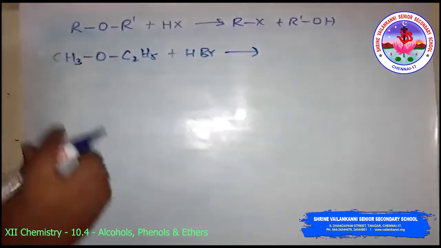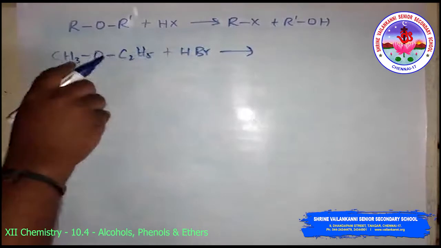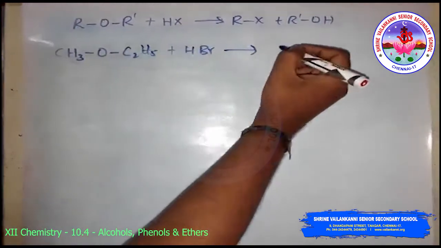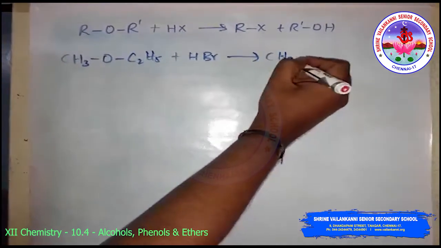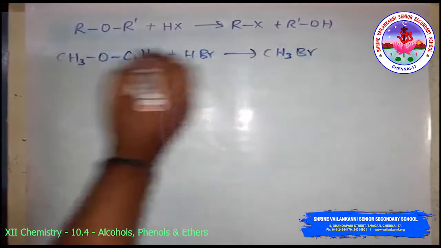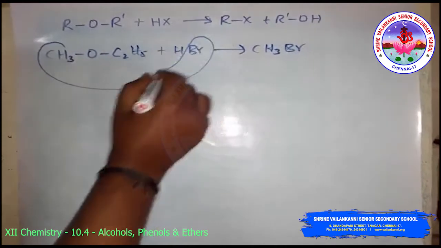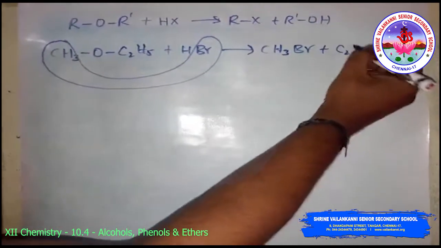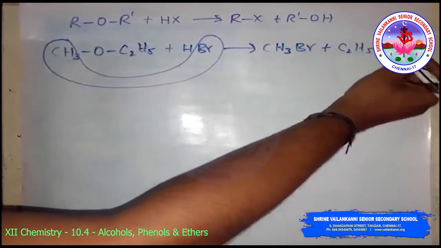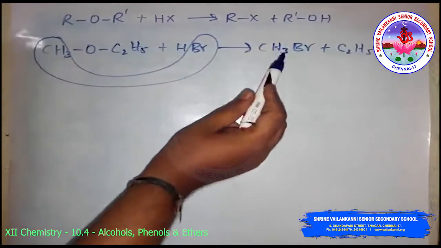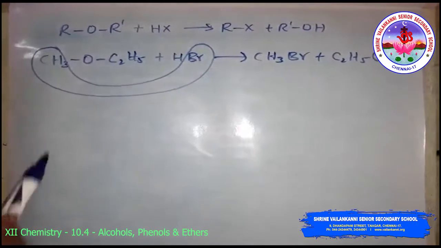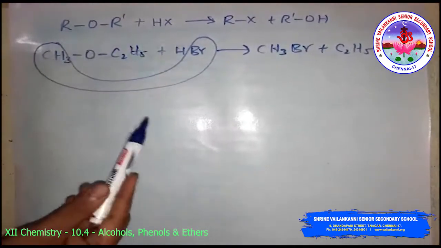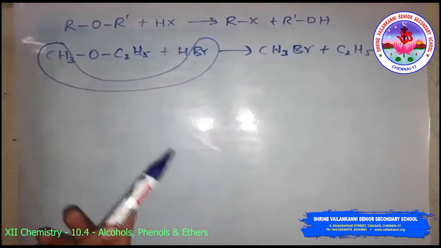They form CH3Br, and the remaining is alcohol, ethanol, C2H5OH. That is, an alkyl halide and an alcohol are formed when an unsymmetrical ether reacts with a hydrogen halide.